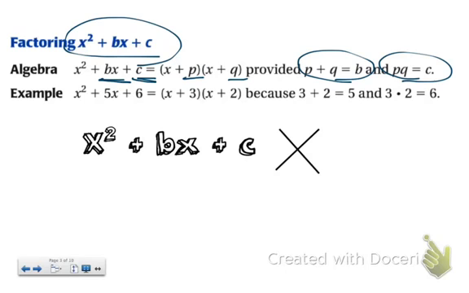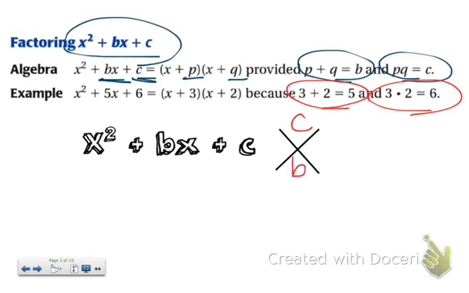For example, if we have x squared plus 5x plus 6, factors of 6, well, 2 and 3 are one set of factors, and it just so happens that when added together they equal 5, and when multiplied together they equal 6. Some people will set that up with an x, or with a flowchart. If you want to do it with the x, you're thinking, what times what gives me c that when added together gives me b?